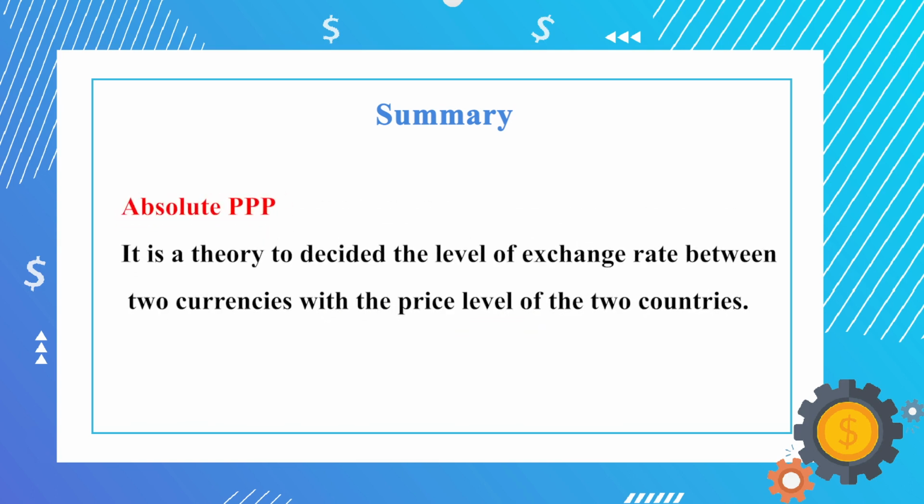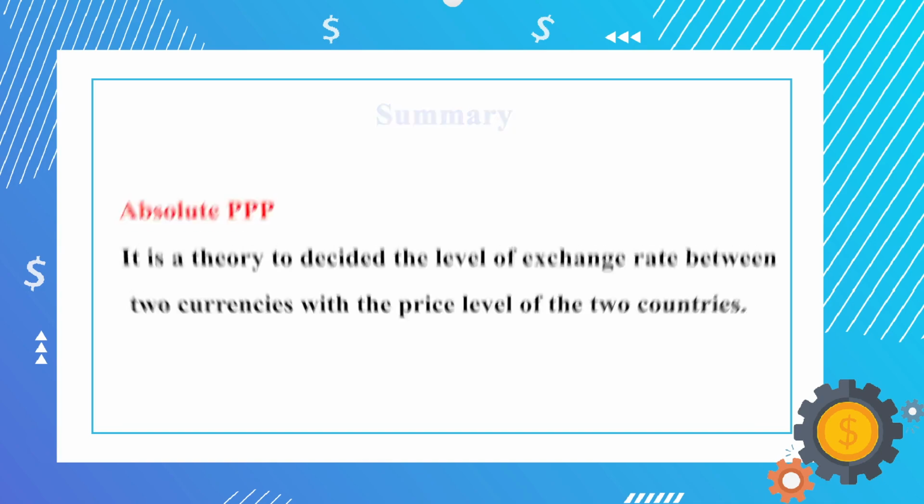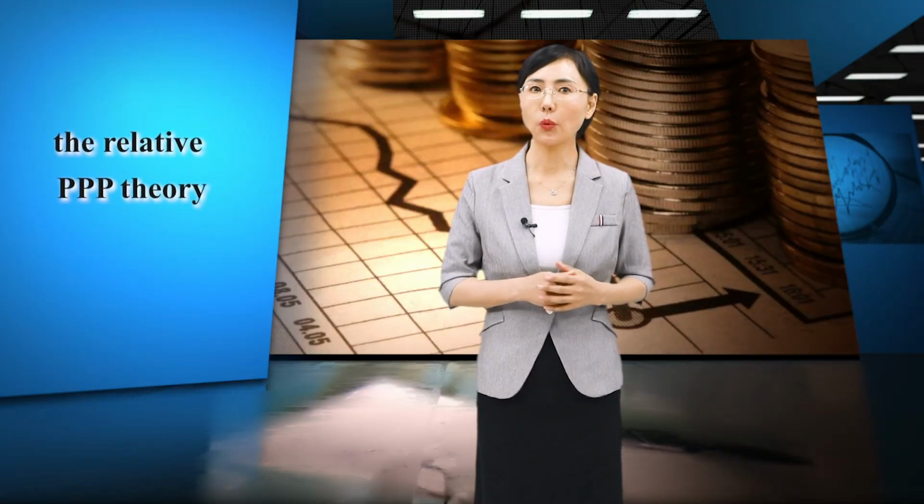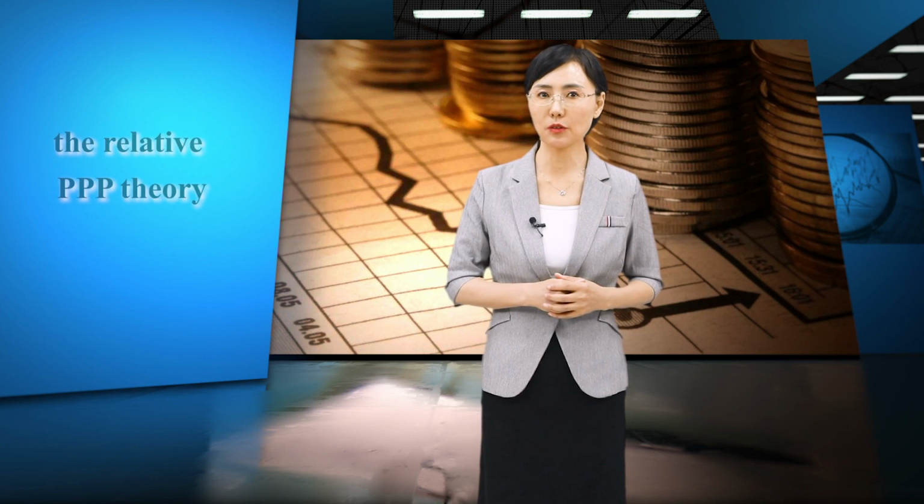In this video, we studied the absolute PPP theory. Absolute PPP is the theory to decide the level of the exchange rate between two currencies with the price levels of two countries. In the next video, we'll learn about the relative PPP theory. That's all for this section. Thank you.